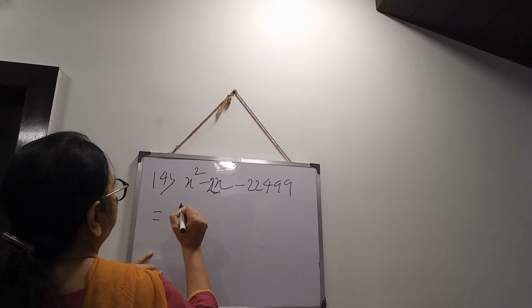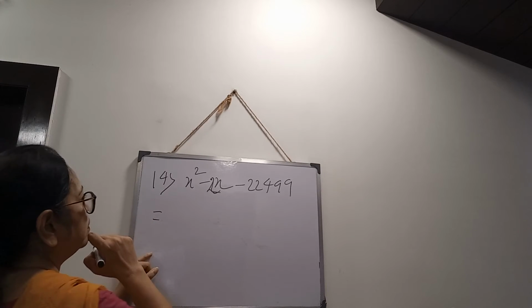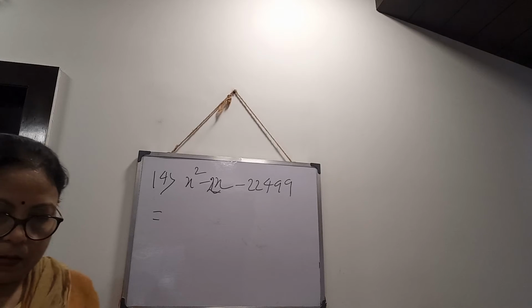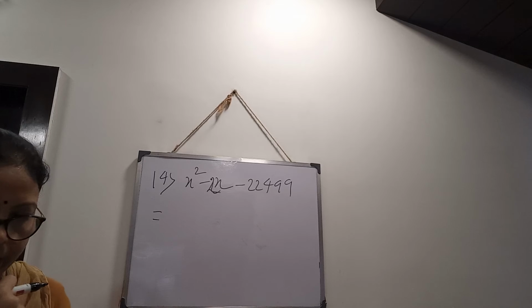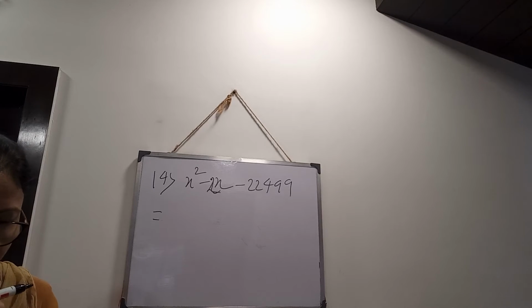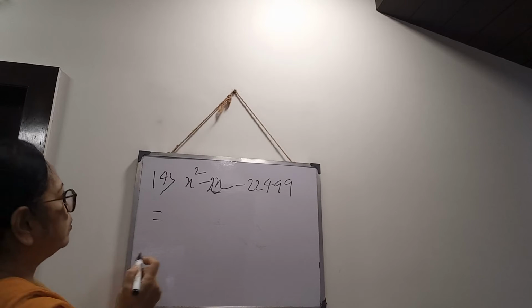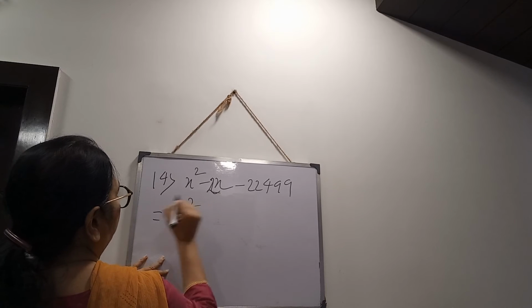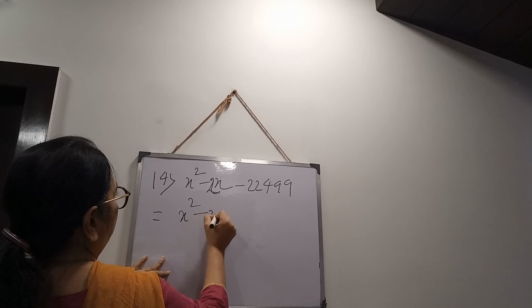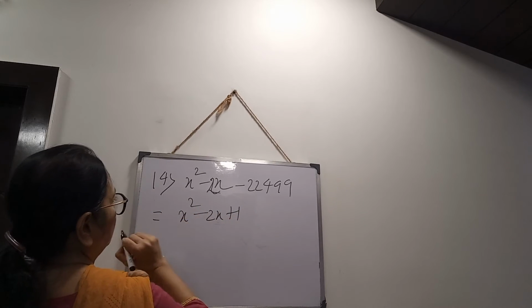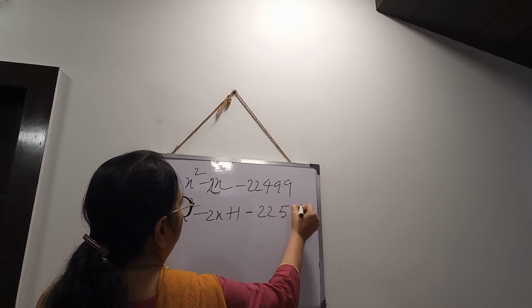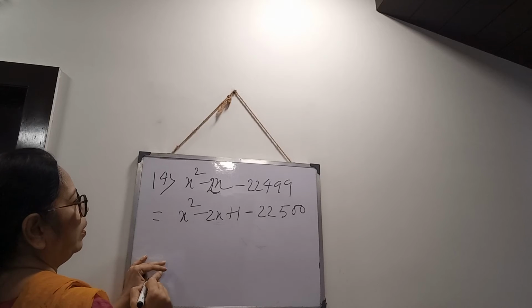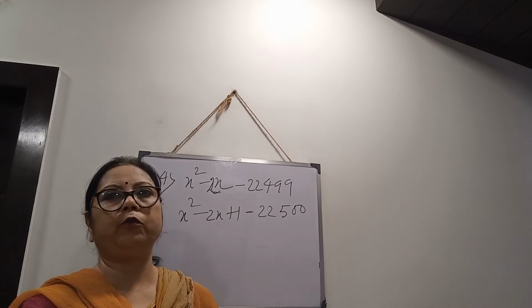I can think of this in this way. If I add plus 1, then x square minus 2x plus 1, and it is coming minus 22500. If whole square is possible, no? 22500.